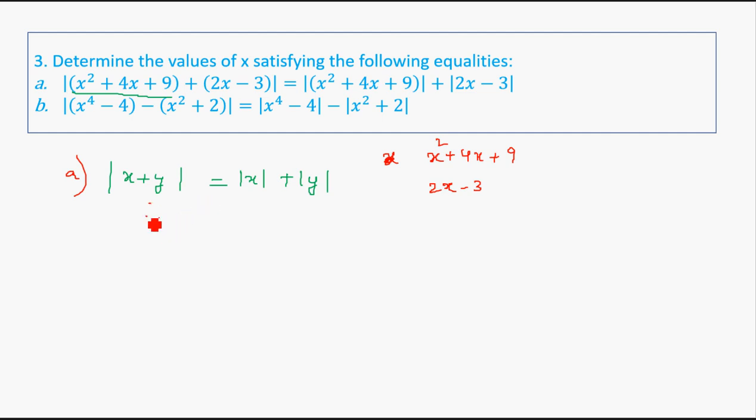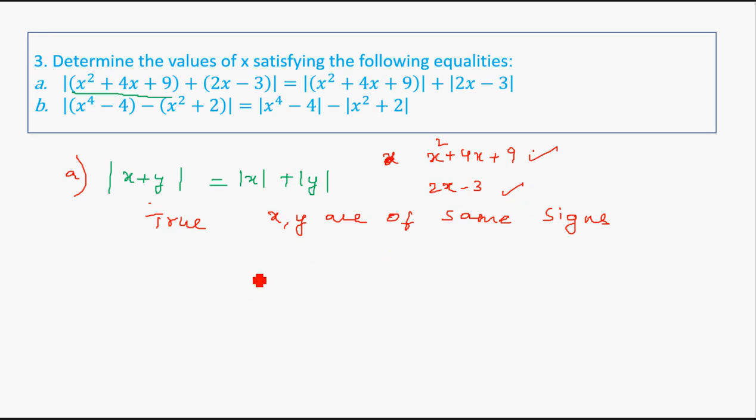This condition is true when x and y are of the same signs. That is, if this term is positive, this term is also positive. When this term is negative, this term is also negative.